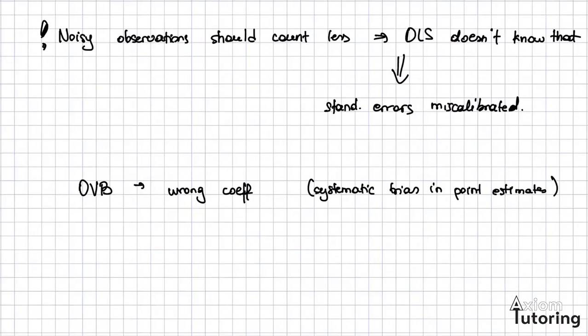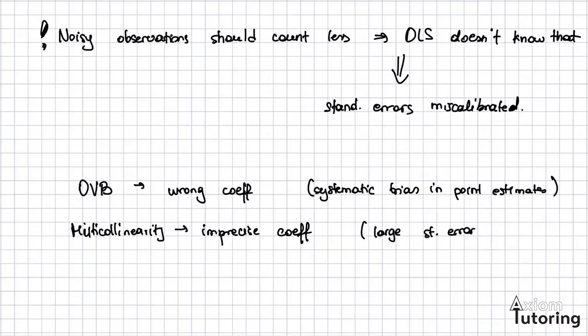With multicollinearity, we have imprecise coefficients, with large standard errors, but we still get the right answer on average.